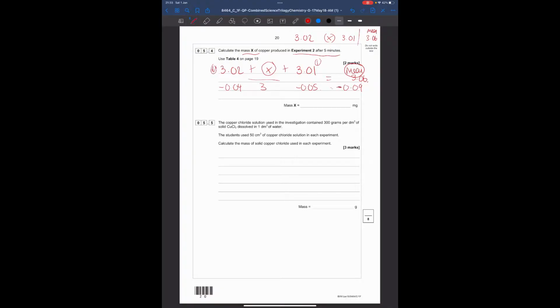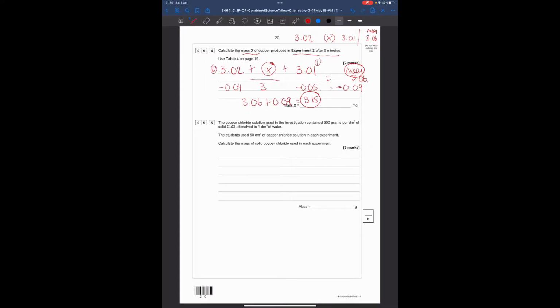So therefore, if we were then going to calculate our mean, experiment 2 must be 0.09 higher than the mean. So 3.06 plus 0.09 makes 3.15. Okay, so we're predicting that 3.15 is X.